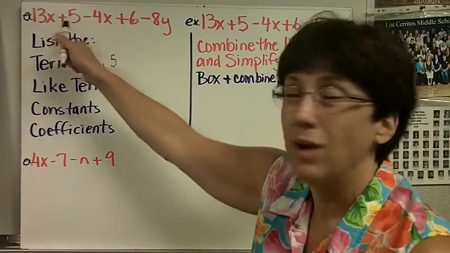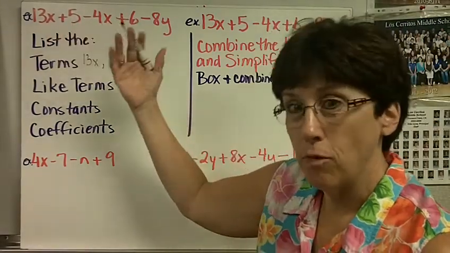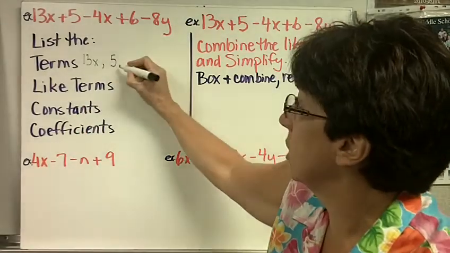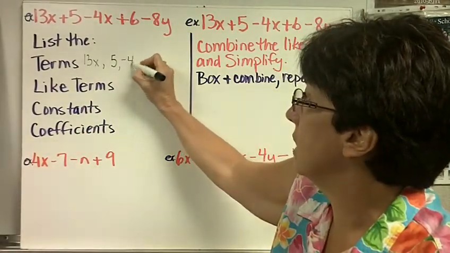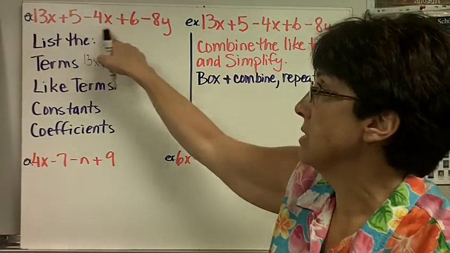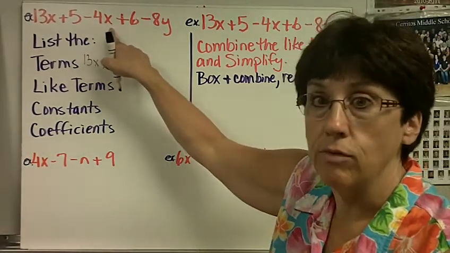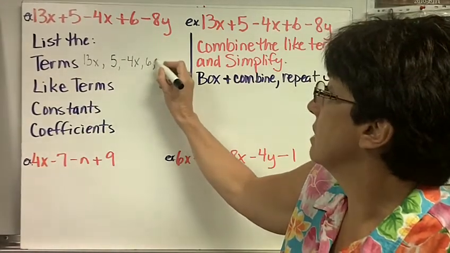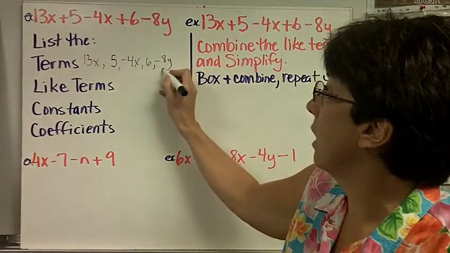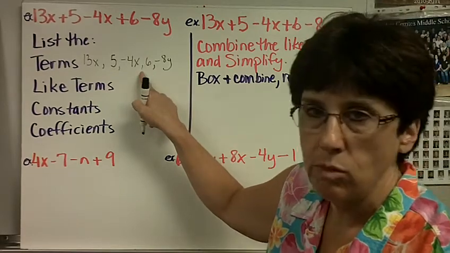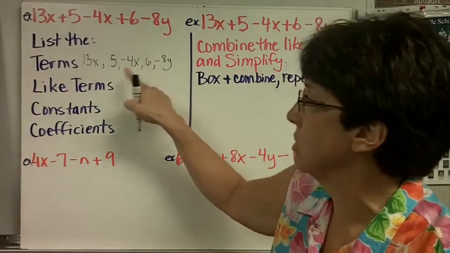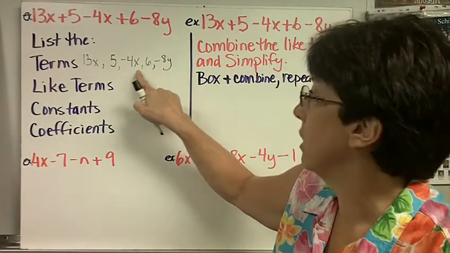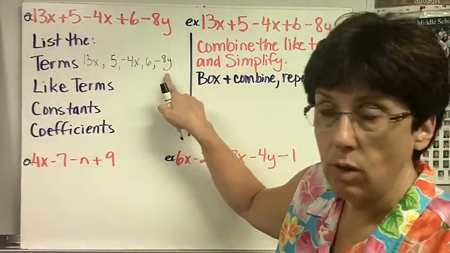Now I don't have to write a plus for positive because by default it's positive. But this next one I have to write negative 4x because there's a negative in front of that one, right? 6 and negative 8y. I seem to be writing that kind of small, so please make sure you can see that. 13x, 5, negative 4x, 6, and negative 8y.